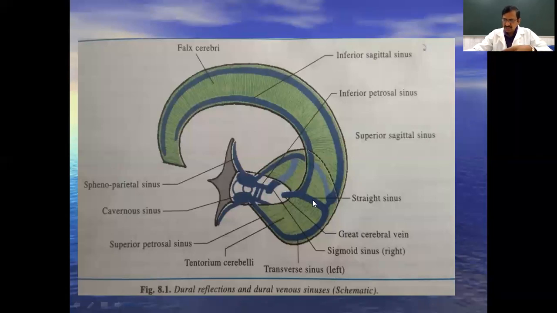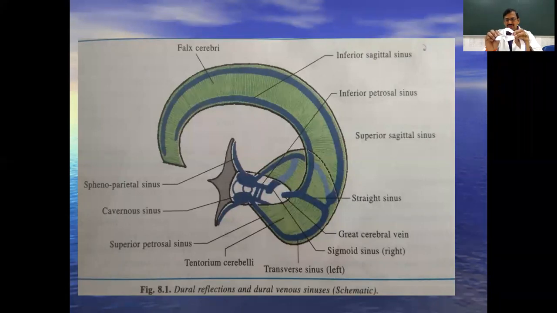You can see here, this is the model I prepared. This is the falx cerebri, in between the two lobes of the cerebrum, and this is the tentorium cerebelli, the tent-like fold. The orientation is like this.